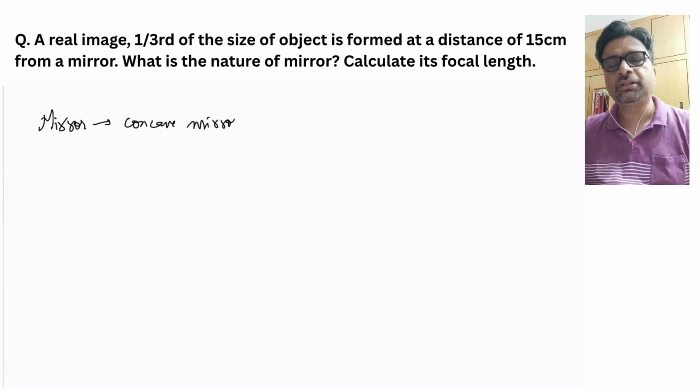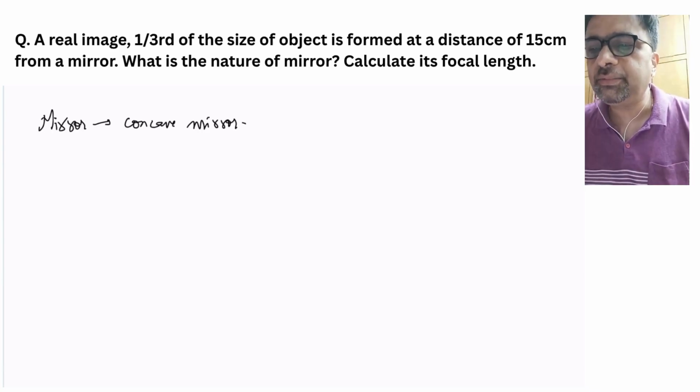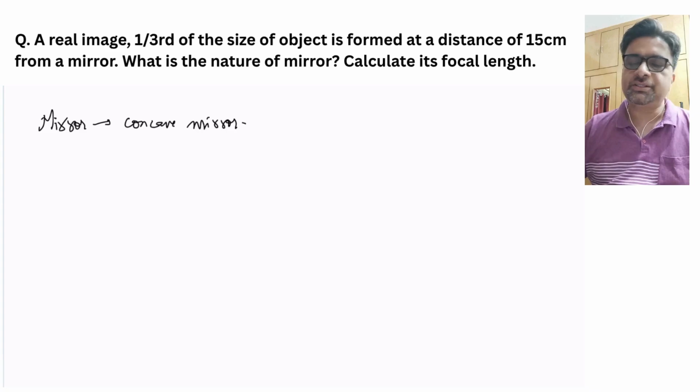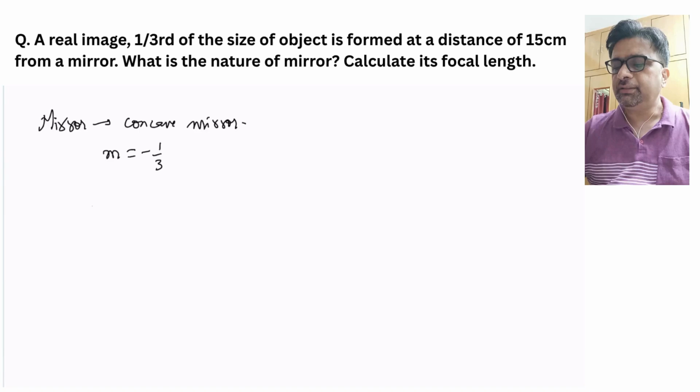Let's organize all the information that we have in this question before we solve. Now it says that it's a real image and the magnification is 1 by 3. So magnification for a real image is negative, minus 1 by 3. That implies minus v by u is equal to minus 1 by 3, and that gets us u is equal to 3v.